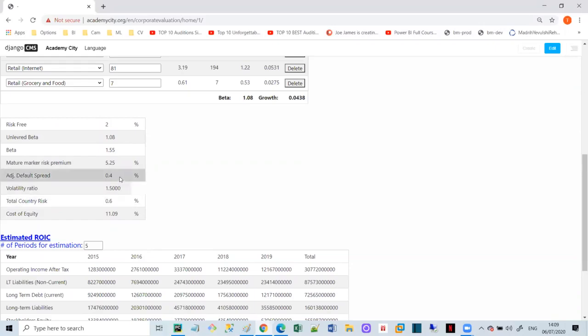And we talked about it in class. We take the default spread, and then we adjust it to the fact that the stocks are more volatile than debt. Therefore, we have to do an adjustment for the risk. So we take the 0.04 and multiply by the ratio of the standard deviation of return on the stock index versus the index on bonds. And that's about 1.5.